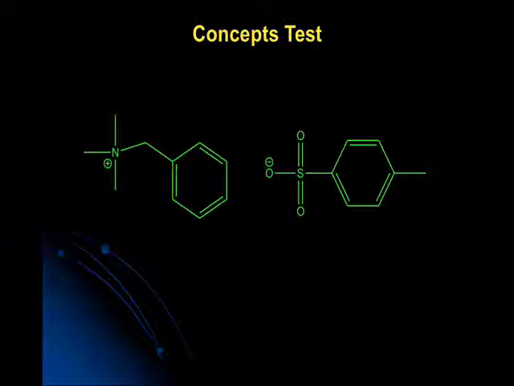What I'm asking is how do you make that salt? Just taking sulfuric acid and throwing it in the flask isn't going to do it, right? I'm going to need something. What might I need to make this molecule? It's just tosylate. How can I make that?